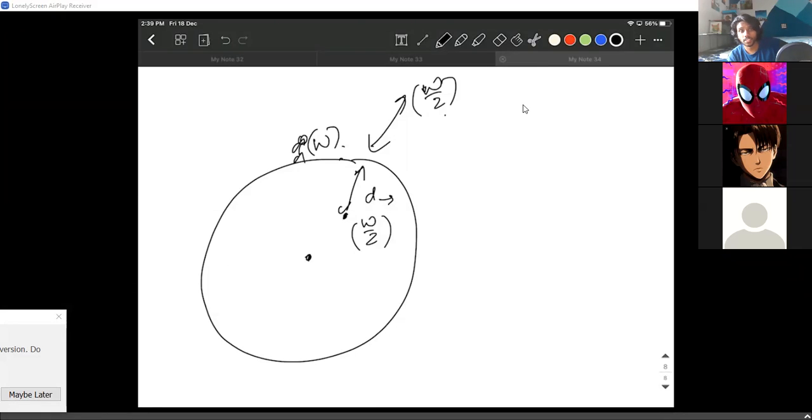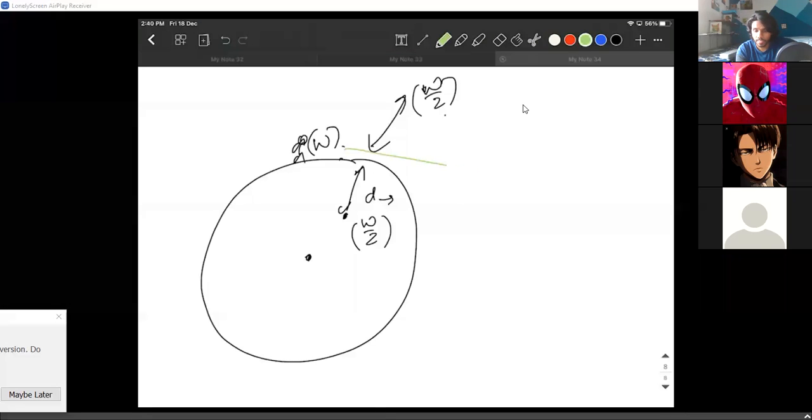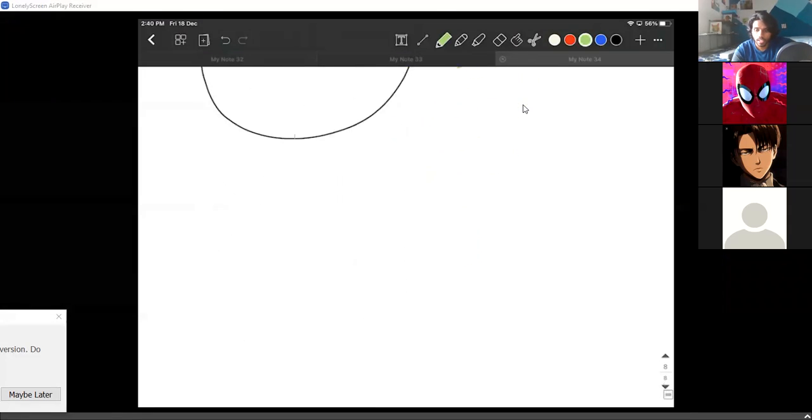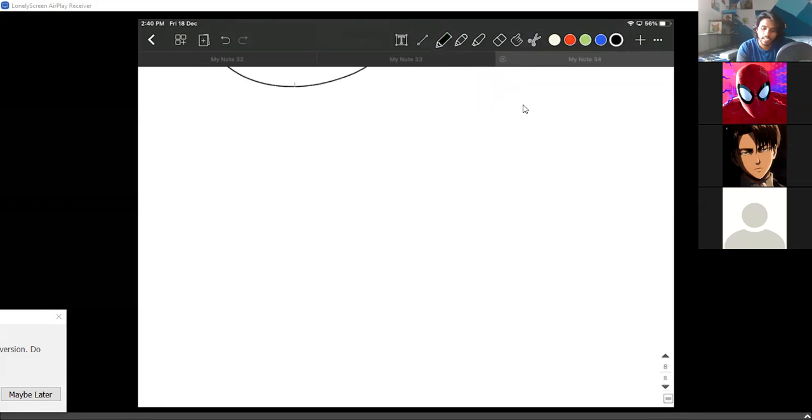What should change? No, the acceleration due to gravity should change. So at the surface it must be mg. Here the value must be mg by 2. Here also the value must be mg by 2.